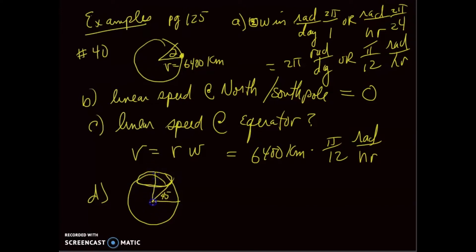But we can figure that out because if this is the 6,400 and this is a 45 degree angle, then we can figure out this other one. Let's bring that picture sort of into just triangles.